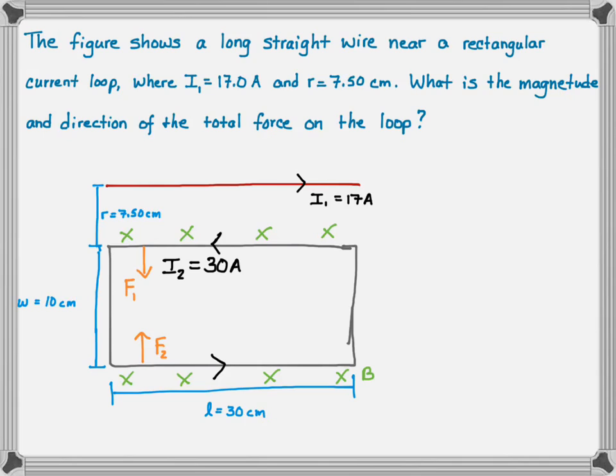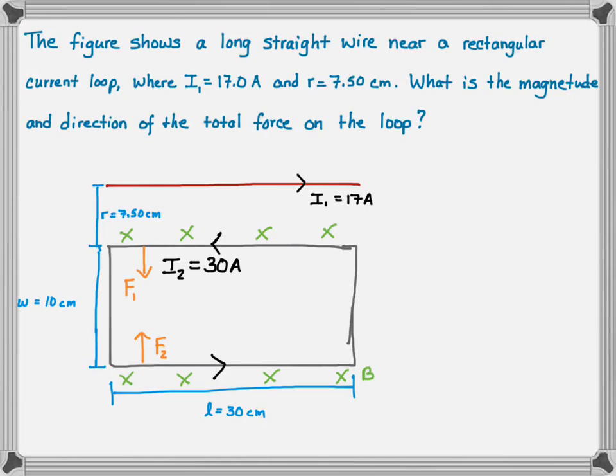I1, the current in the long straight wire, is equal to 17 amps, and the current in the loop is 30 amps. And they tell me the length of the rectangle is 30 centimeters and the width of the rectangle is 10 centimeters. Again, these are the numbers from my homework problem.